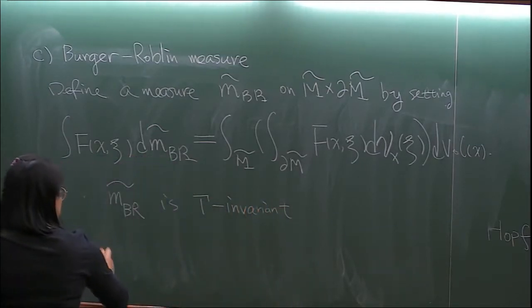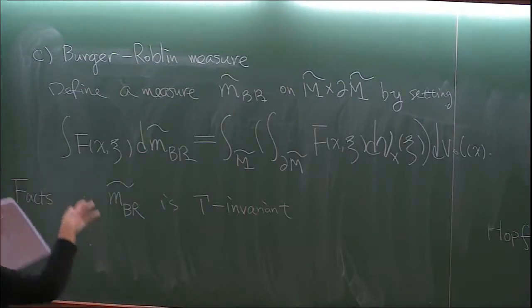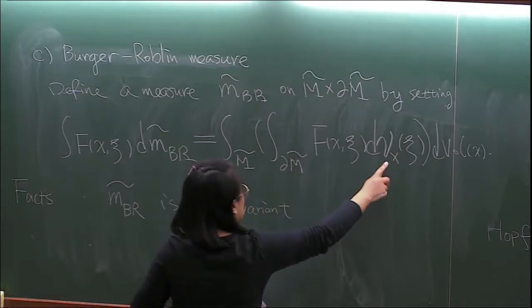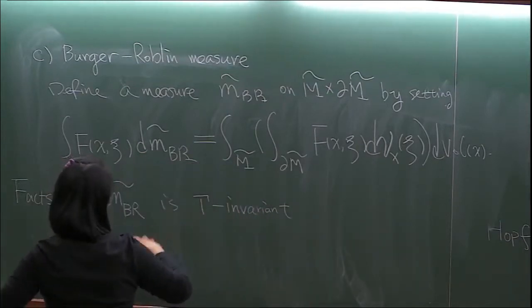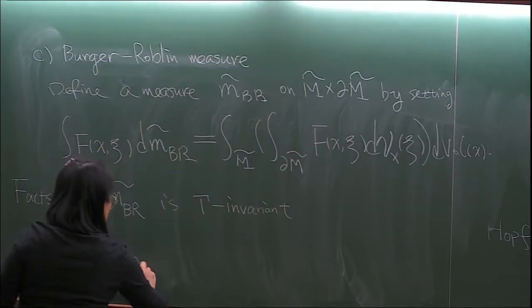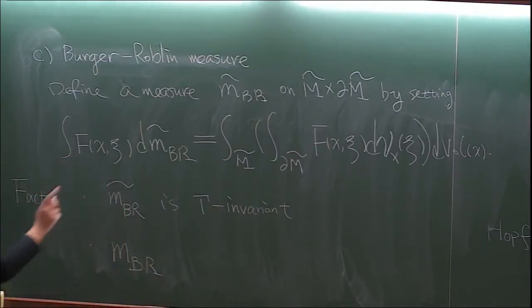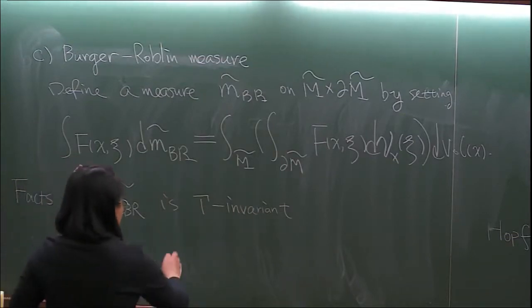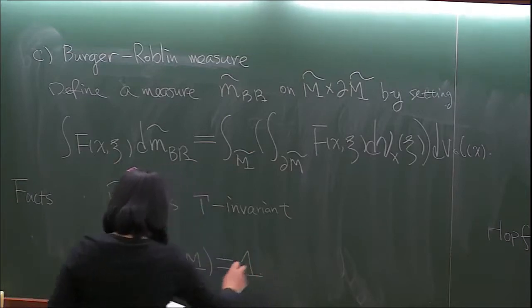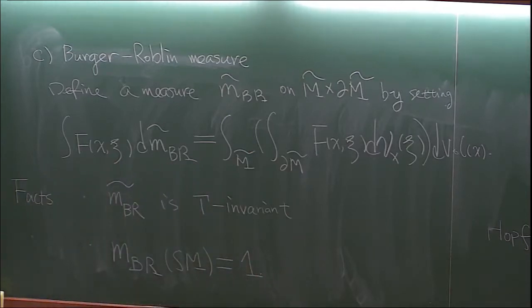And the second thing is that because we already normalized this nu x here, so actually it's projection to SM without a wedge here. MBR actually will be a probability on this one.